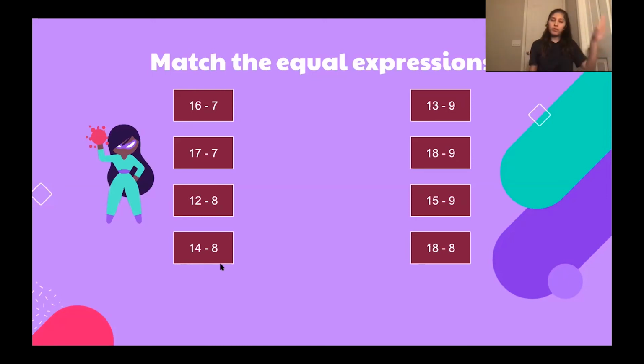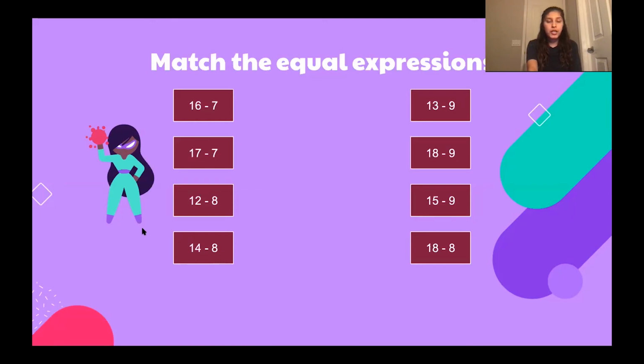Put them all on the left hand side of the paper, and on the right hand side of the paper, you can do 13 minus 9, 18 minus 9, 15 minus 9, 18 minus 8. And then you can connect them with a line.